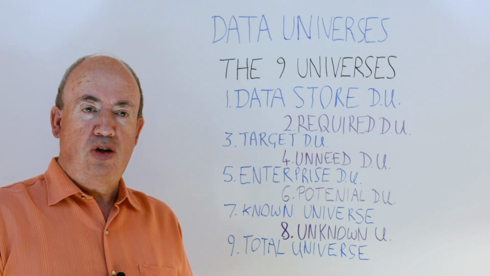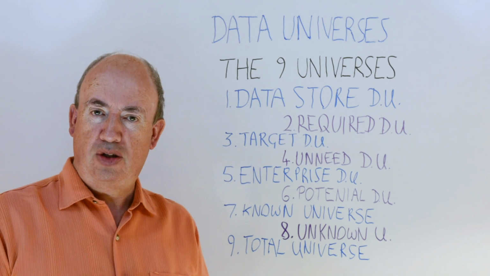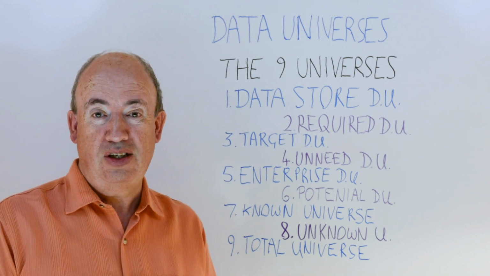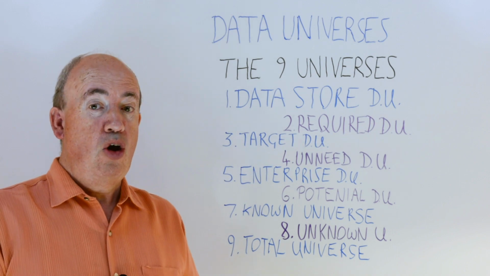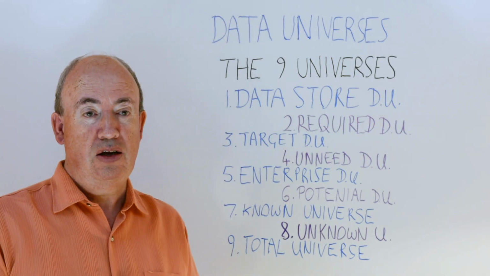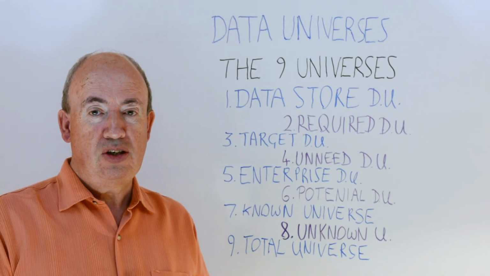One of the things that can happen with operational processes is that they can change the actual semantics in a database table. So we might have a database table which was thought to be designed for true employees, but operations puts into it, say, candidates and interns, which it was not intended for, but they can get them in there. So the semantics have changed.